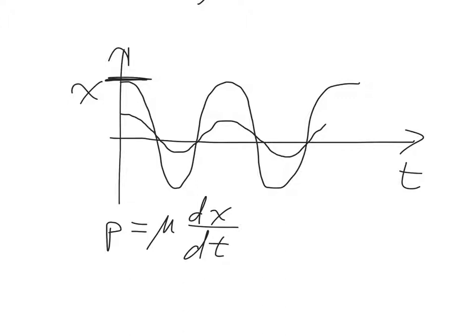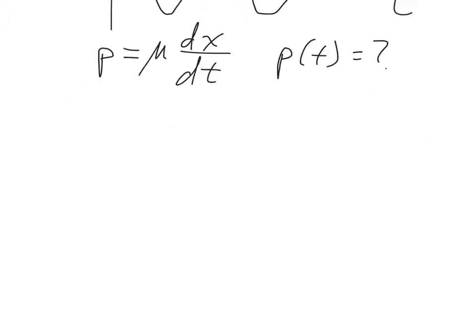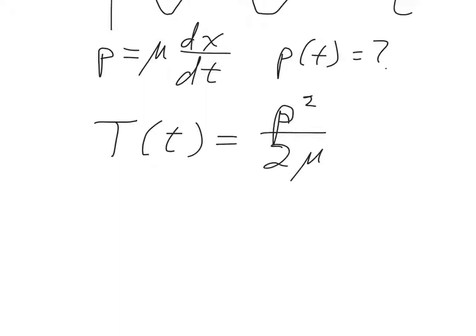Take either solution for x as a function of time, and then use this expression to come up with an expression for p as a function of time. Then in turn use this to find kinetic energy as a function of time from the expression kinetic energy is p squared over 2 mu.